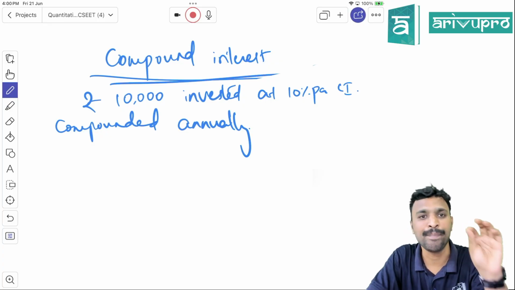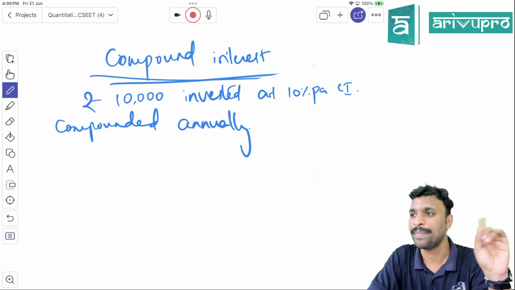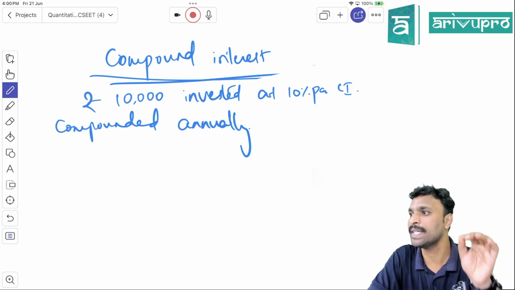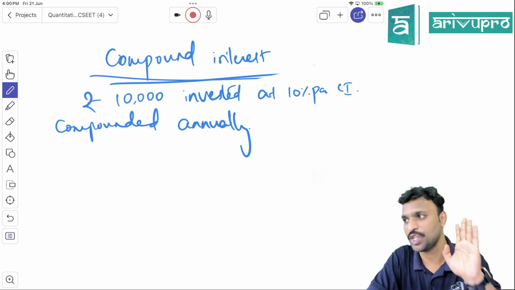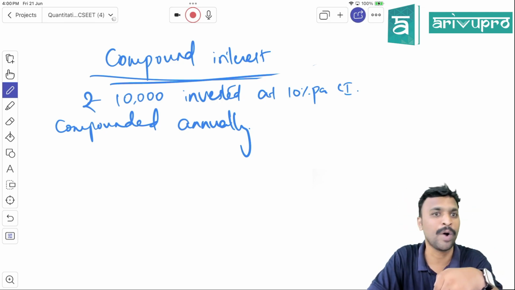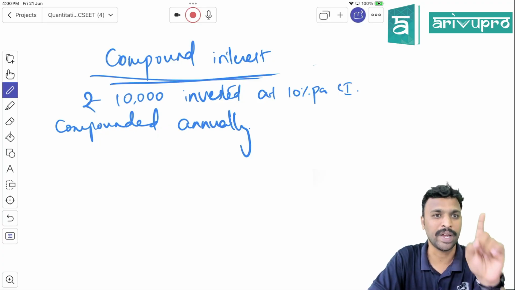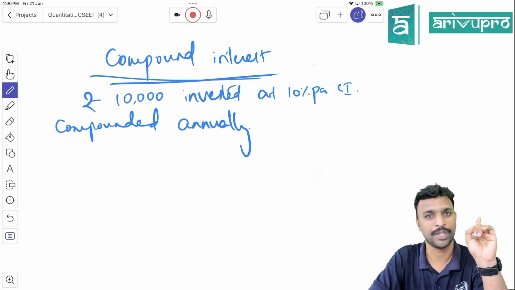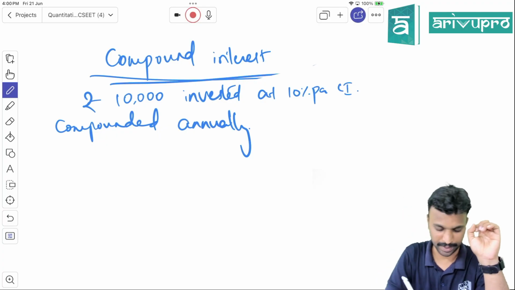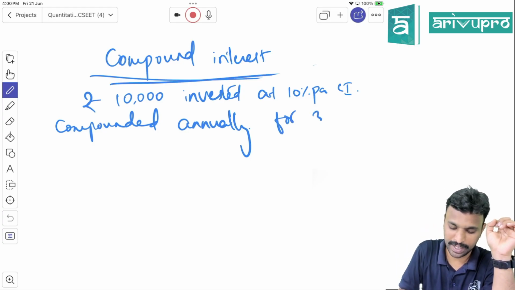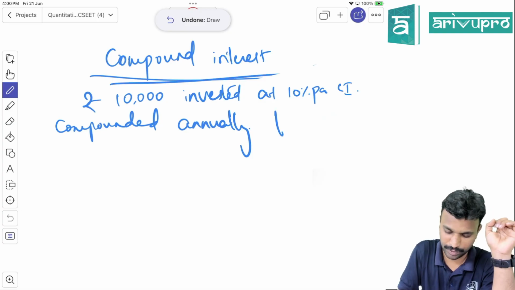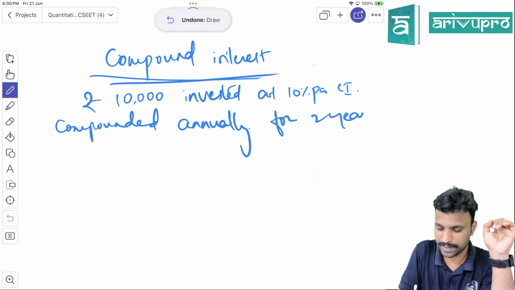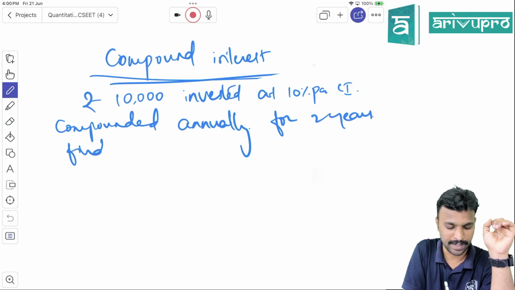If they say compounded semi-annually, it means the principal is going to change once in 6 months. In 1 year, 2 times the principal is going to change. Suppose compounded annually means the principal changes one time in 1 year. For 3 years, or let me give you just 2 years. Find CI.